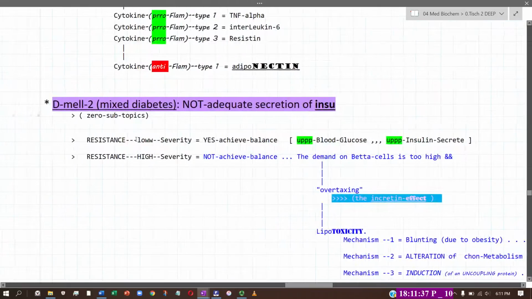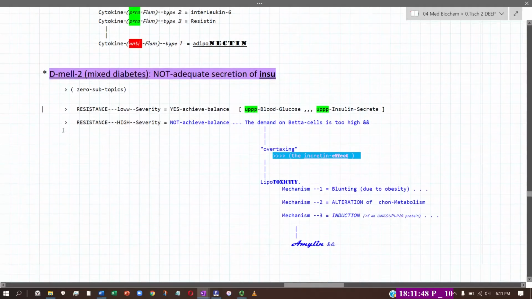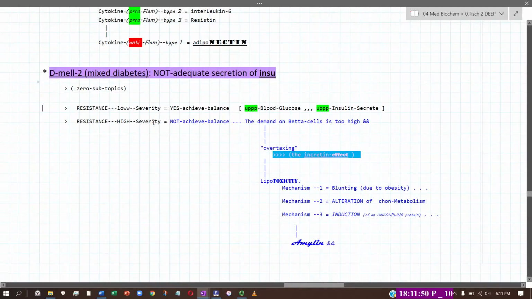Now here's the section which talked about mixed diabetes. There were no subtopics in this at all. It just went straight into the notes, and it made a difference.